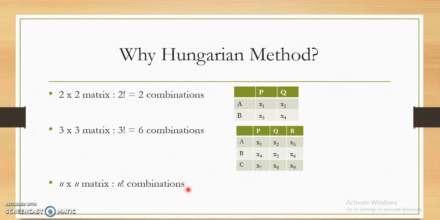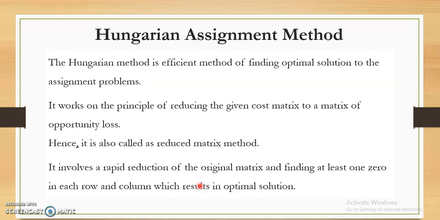Therefore this is very tedious and time consuming, but the Hungarian assignment method gives us a very fast and quick solution. Also this is very easy to understand. Now let us come towards the Hungarian assignment method.